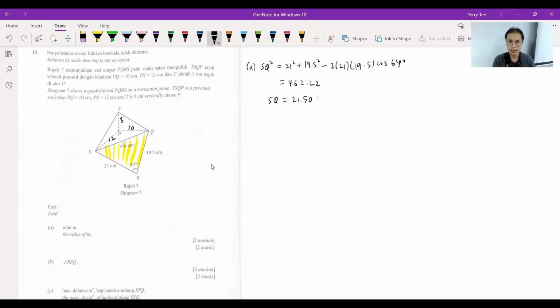But I don't want to find SQ actually. I want to find the value of M. But I know I need to use the SQ value later.